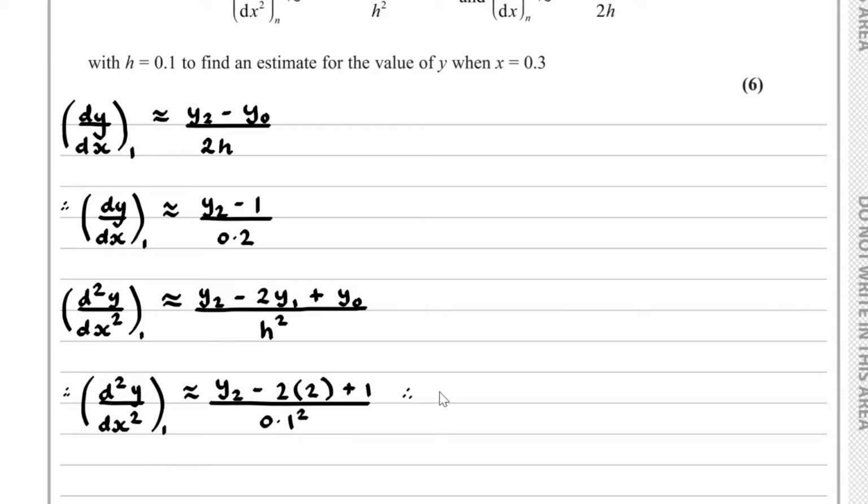In other words, d squared y over dx squared 1 is approximately y2 minus 3 over 0.01.